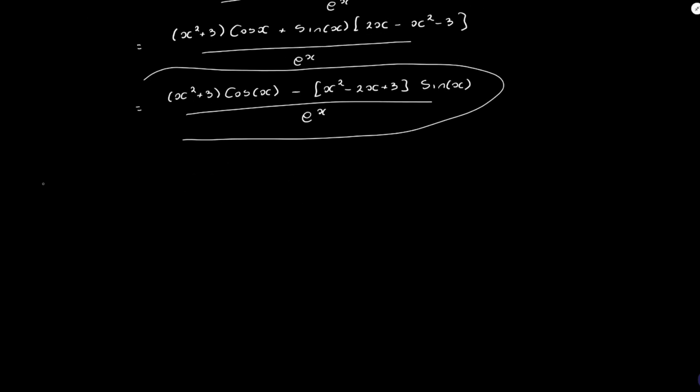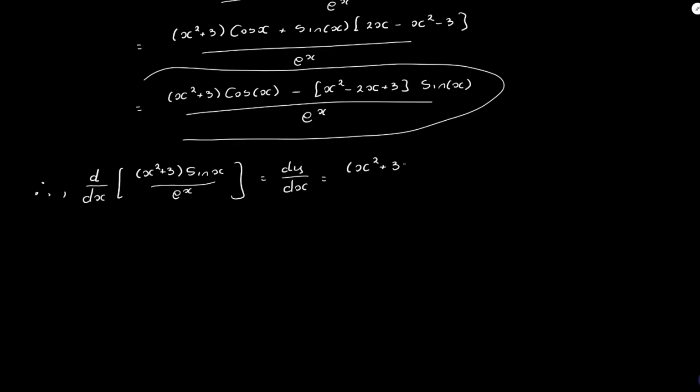So in conclusion, the derivative with respect to x of our initial function (x squared plus 3) sine x divided by e to the x, which is the same thing as dy/dx, gives us the function (x squared plus 3) cos of x minus (x squared minus 2x plus 3) times sine x, all divided by e to the x.